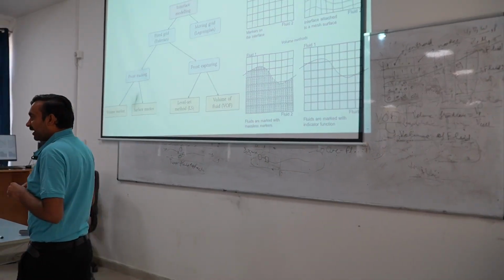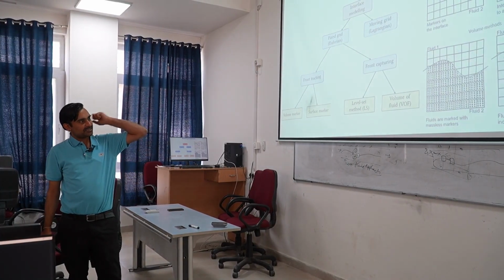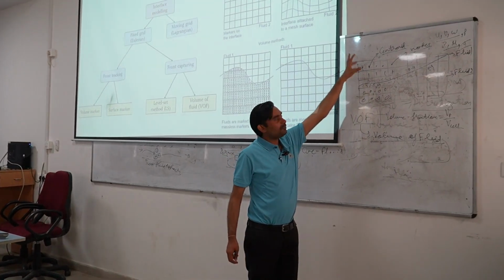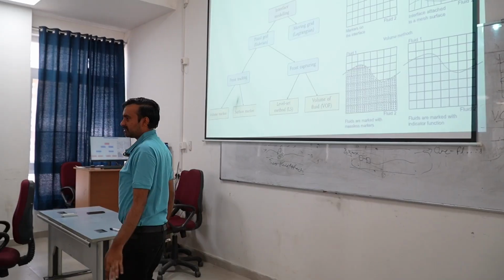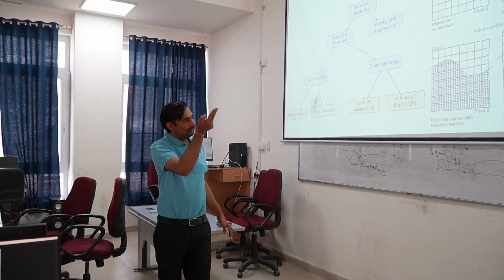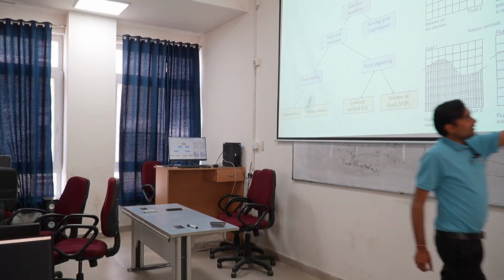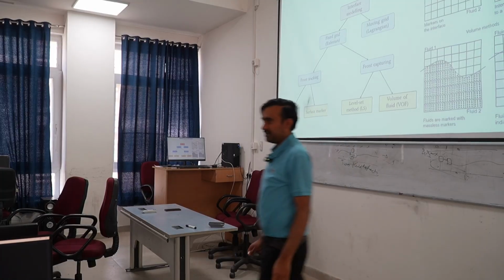Now, where I have phase 1 present, where volume fraction is 1, there only primary fluid is present; where volume fraction is 0, there secondary fluid is present; and the cell which contains the interface, its value of volume fraction will be in between 0 and 1.